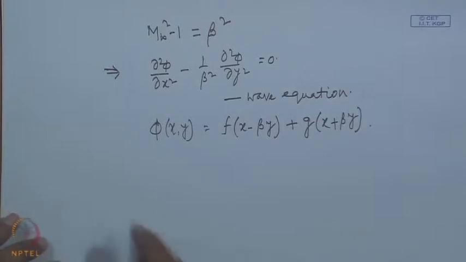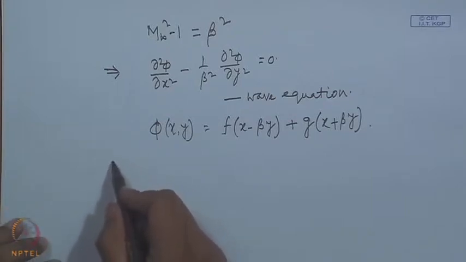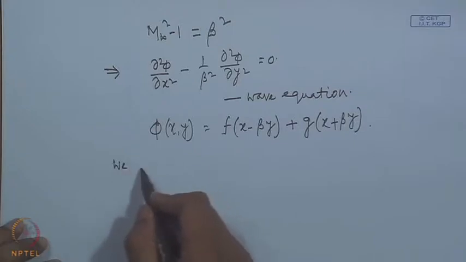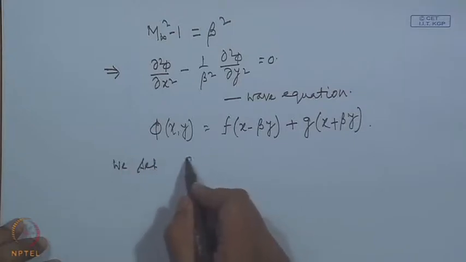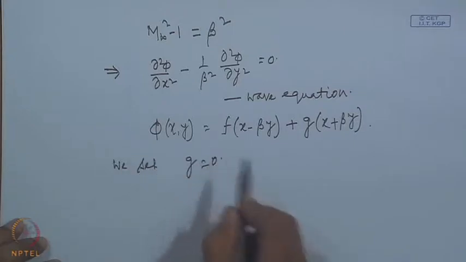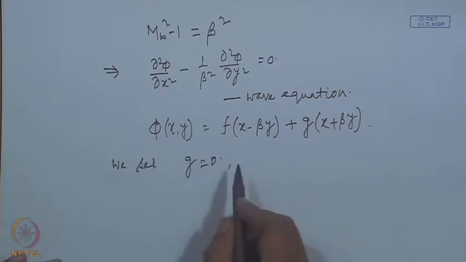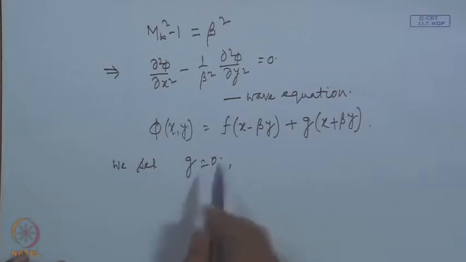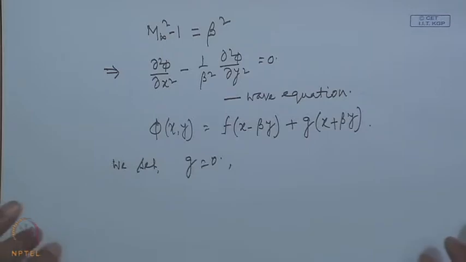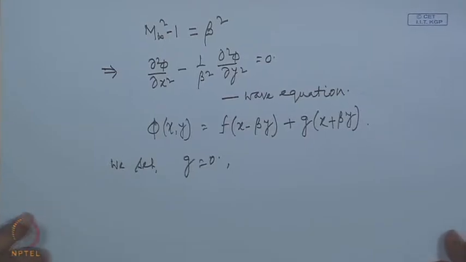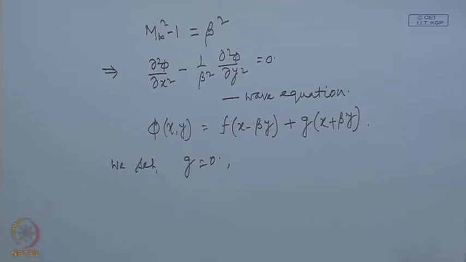Now, for the time being we set g equal to 0, and we will see why g is chosen to be 0. In fact, it has something to do with the direction of the flow, which makes a distinction between upstream and downstream, which is again a property of the hyperbolic partial differential equation.